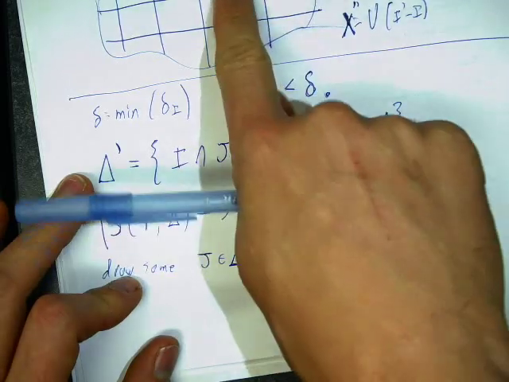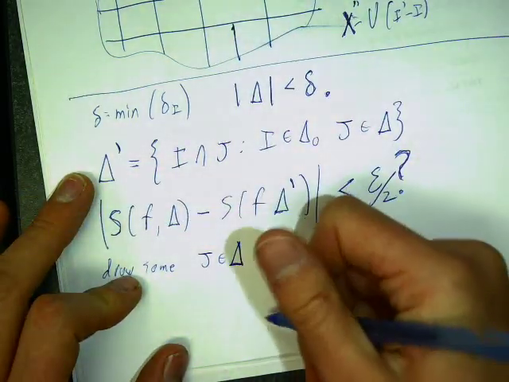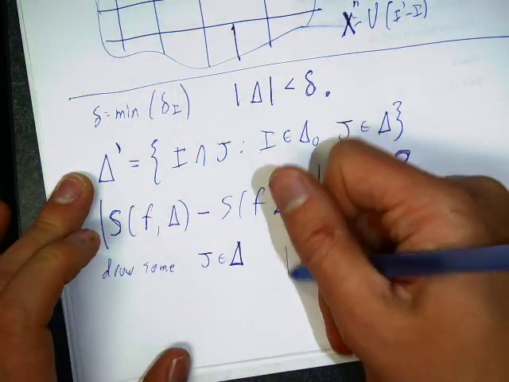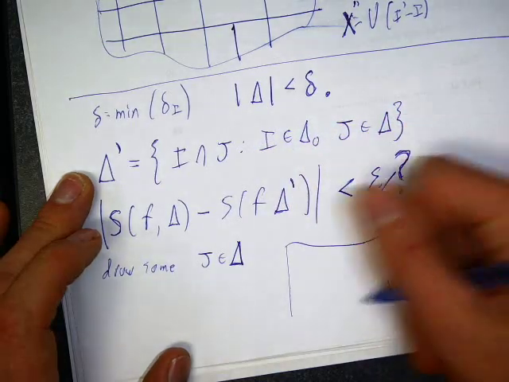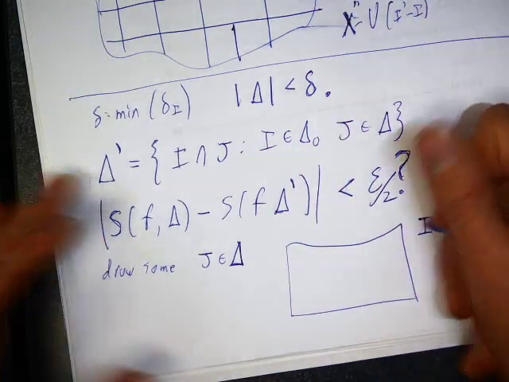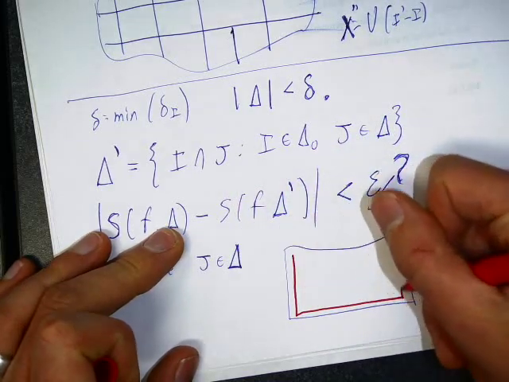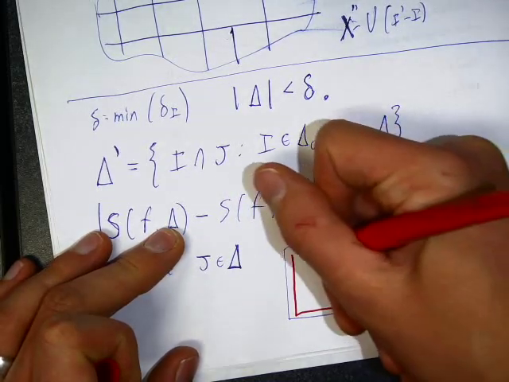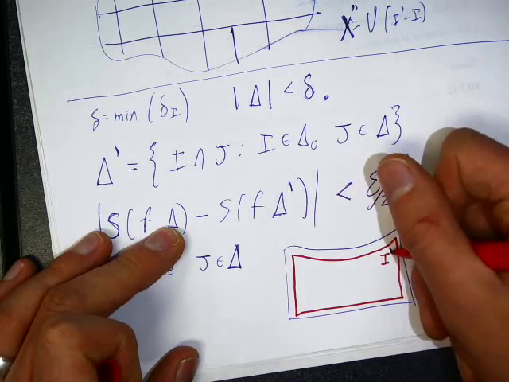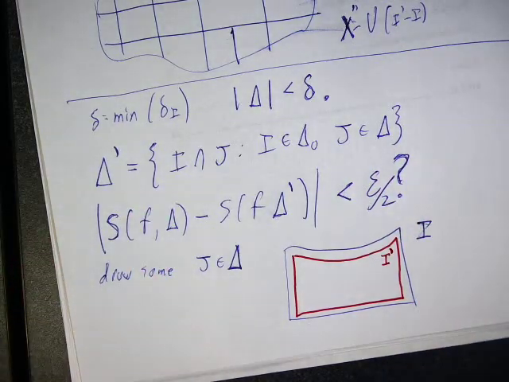So let's draw a picture of that j. Let's suppose, so here's that I that I drew above. There's I prime. So what did we notice? We noticed that as soon as j had a point in common with I prime, then j had to be a subset of I.